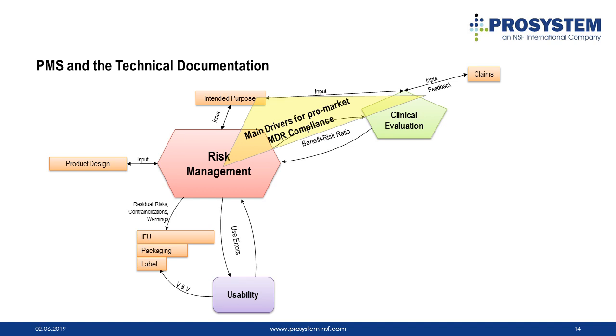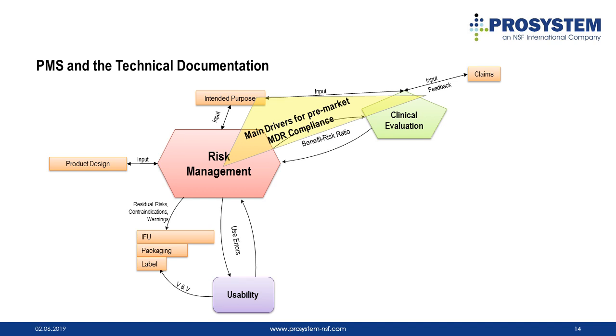And based on the risk management, manufacturers will present the residual risks, contraindications, and warnings on their labeling. The clinical evaluation will then verify that the benefits outweigh the risks and that the device meets the state of the art.